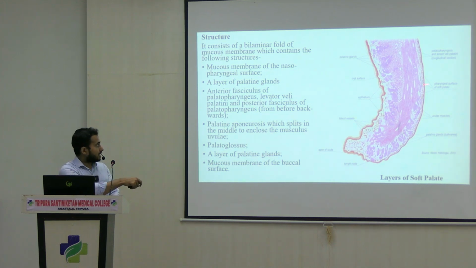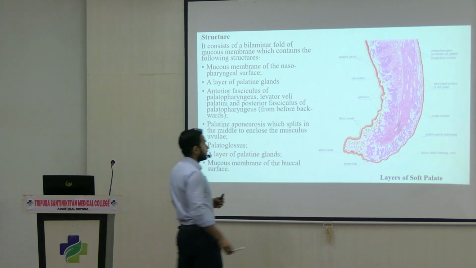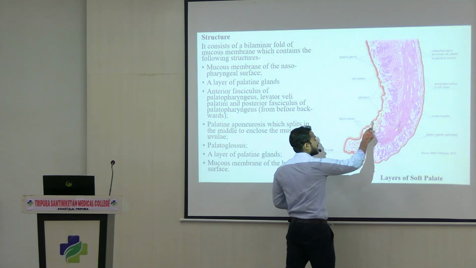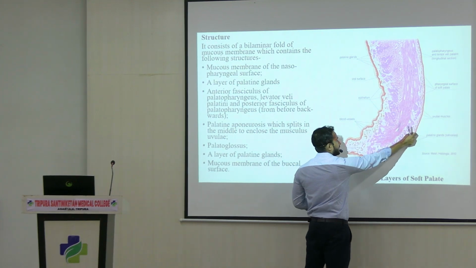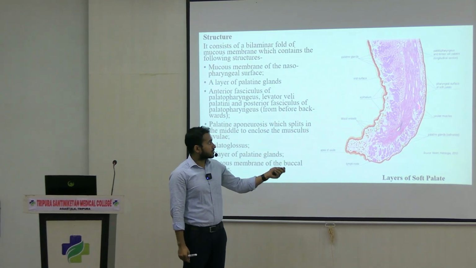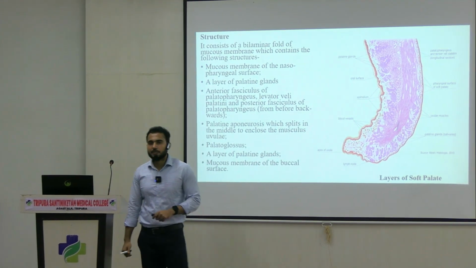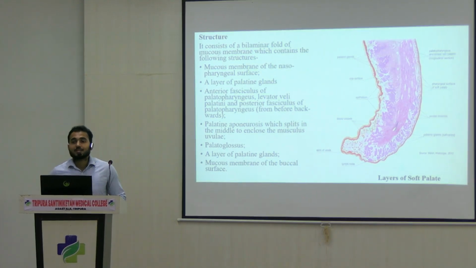Can you differentiate the lining epithelium on both sides? This is the oral surface, and this is the pharyngeal surface. Here the lining epithelium is different, and here too it is different. Now in the pharyngeal surface, can anyone tell me which will be the lining epithelium? It is respiratory epithelium.